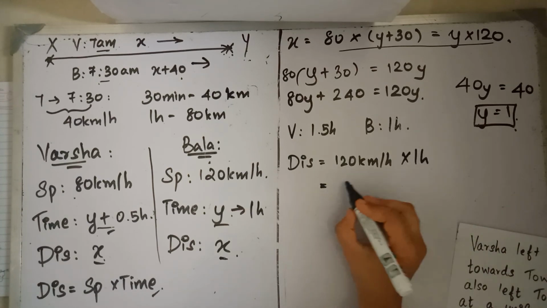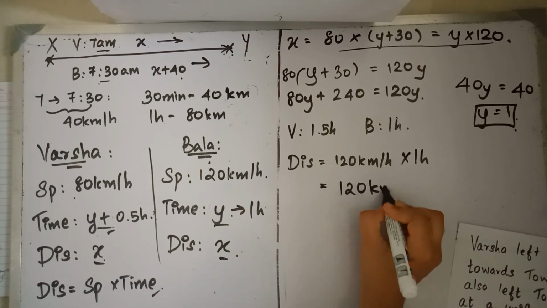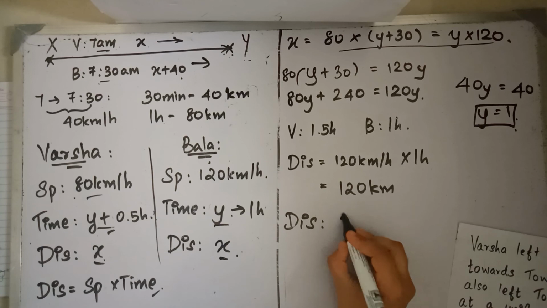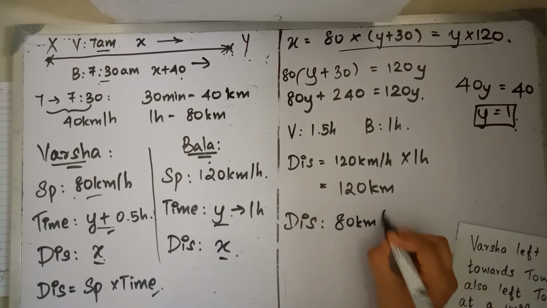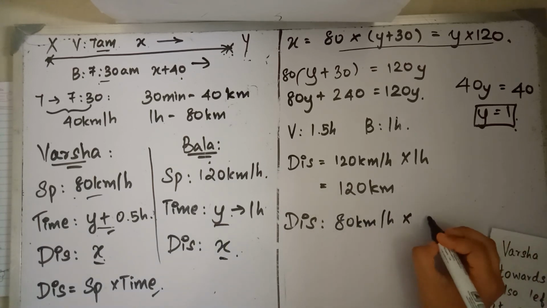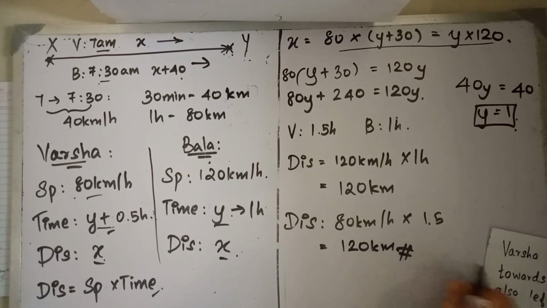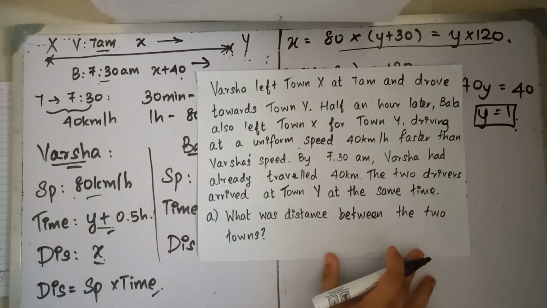So the total distance is 120 kilometers. We can get the same answer in Varsha's case also. She travels at a speed of 80 kilometers per hour and the time that she takes is 1.5. So this will also give 120 kilometers. So we have found out the distance between the two towns.